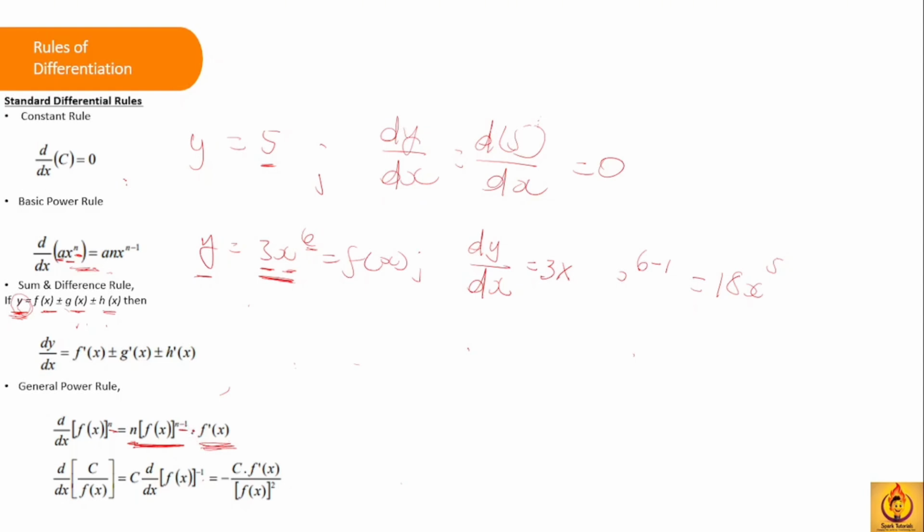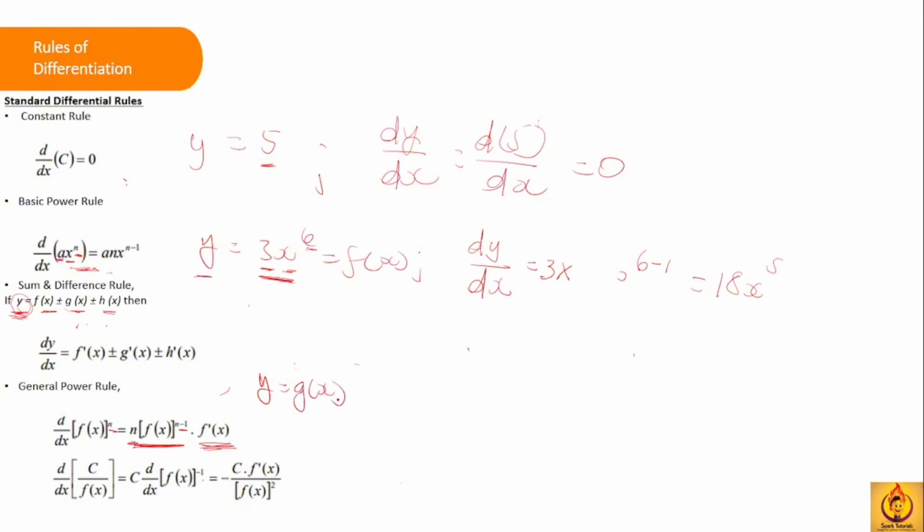Let's do an example for you to see this. Let's say we have our y, which is equal to f of x. We can say that because y is equal to f of x anyway.